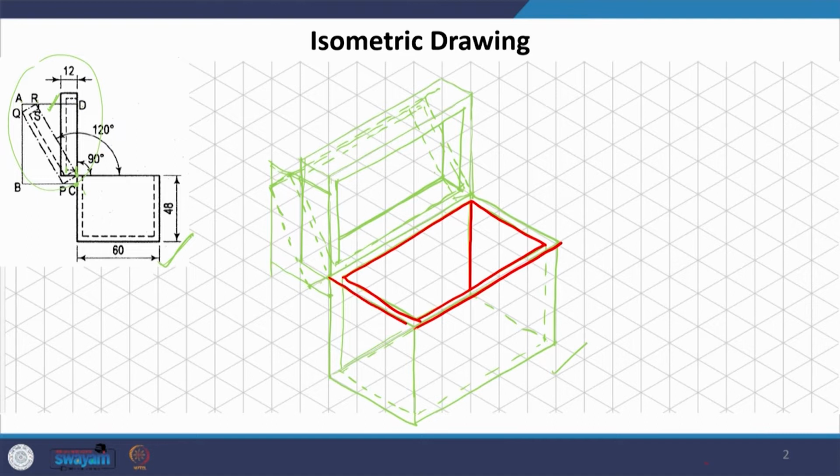So, this is a very simple example of a combination of solids, but why I took this example is because the solids are going to be the regular solids or distorted solids, but all we have to look at is their orthographic projection and just draw it out of that.